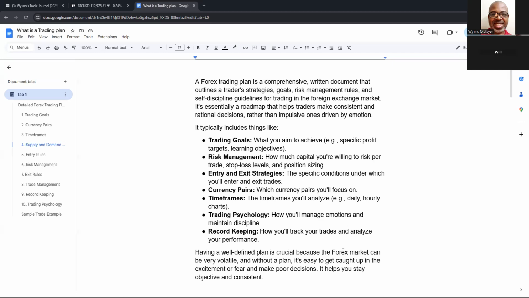Eliminate revenge trading. If you lose a trade, stop trading. Take a step back, analyze the trade before you execute another trade. Okay. And winning trades, you get your winning trade, you're done for the day. Okay. And keep copious records. That way you can go back in time and analyze what you've done well and what you've done poorly.